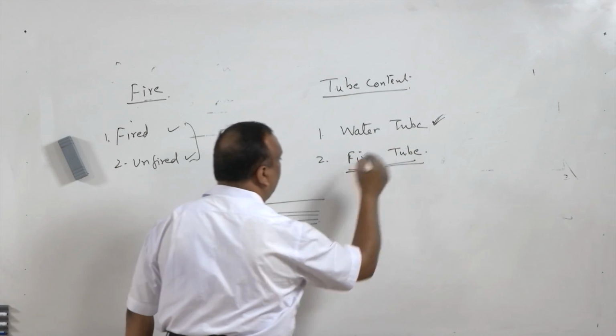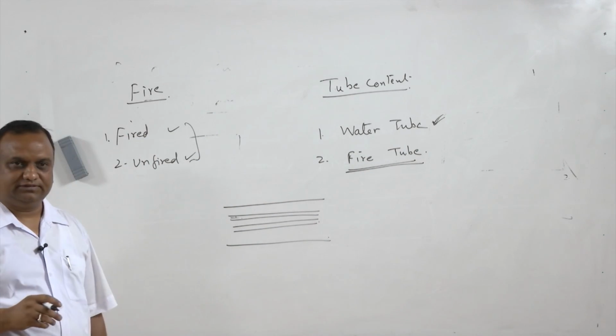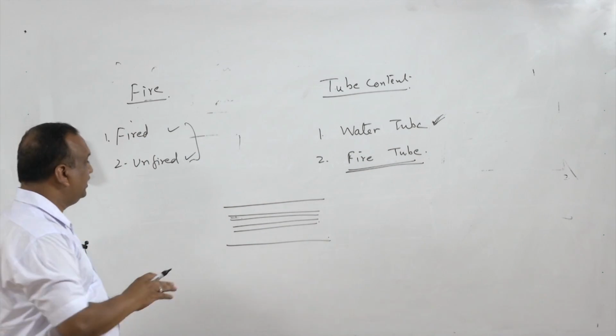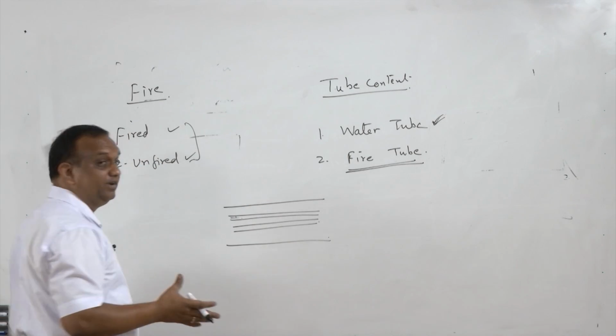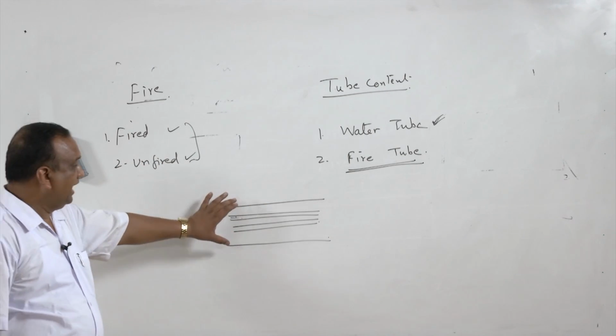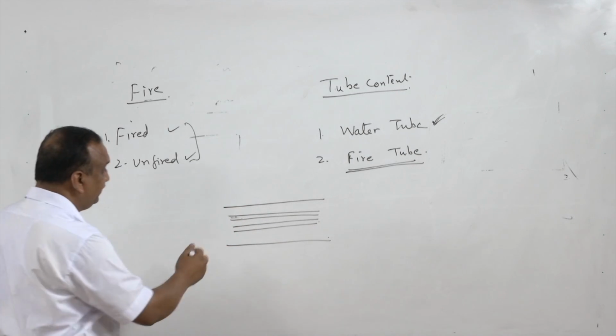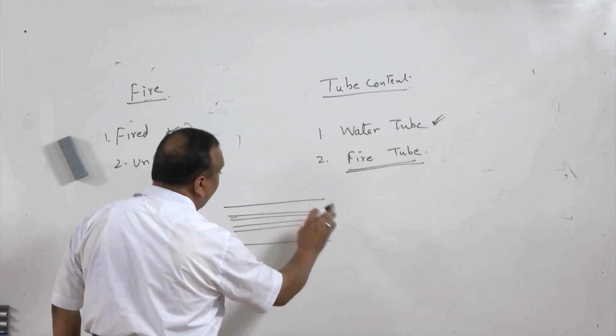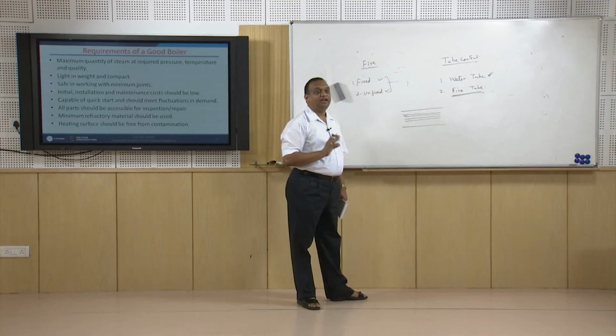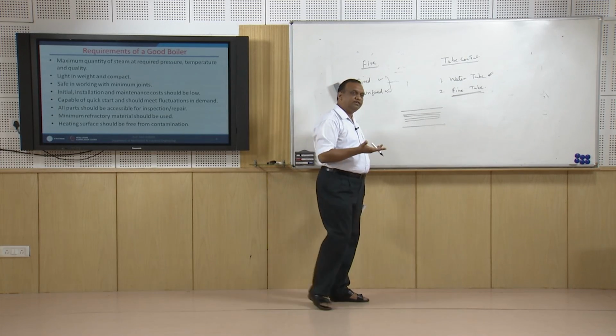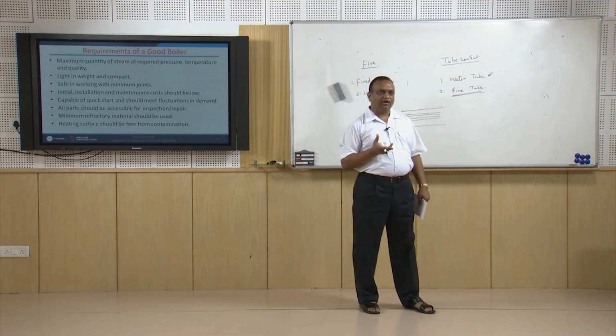Another type of boiler is fire tube boilers. In fire tube boilers, there has to be a shell, and this shell is partially filled with the water, and fire flows inside the tubes. The number of tubes is also less. In a fire tube boiler, there may be one fire tube or two fire tubes.